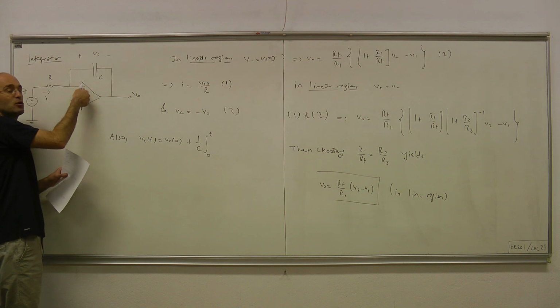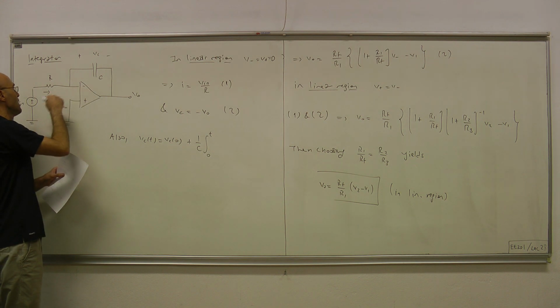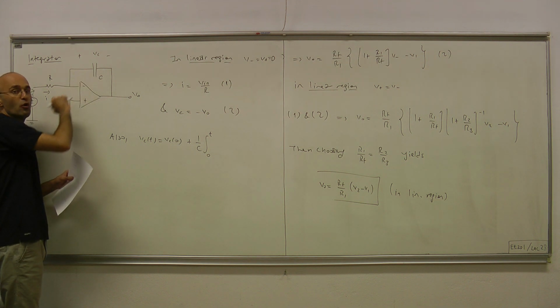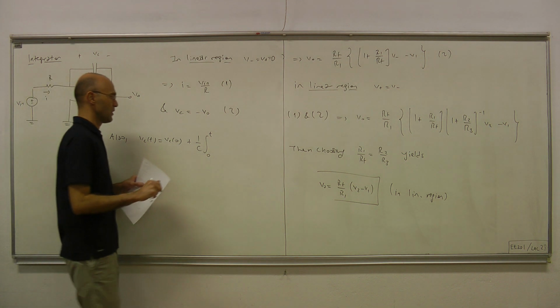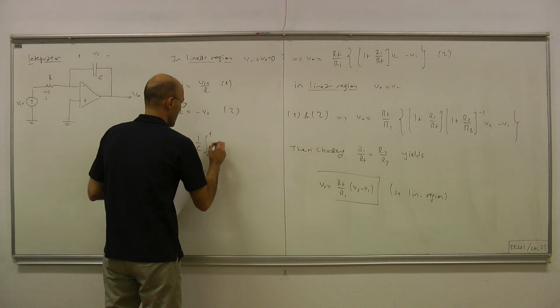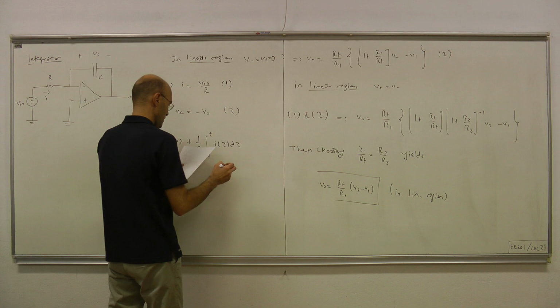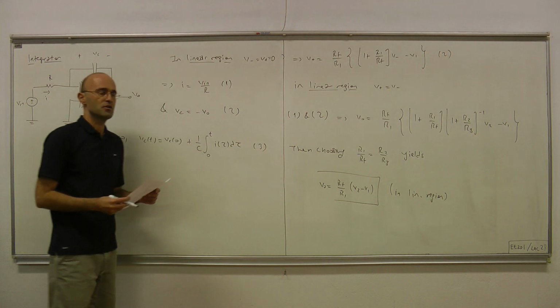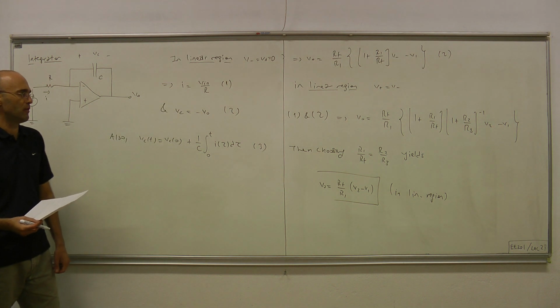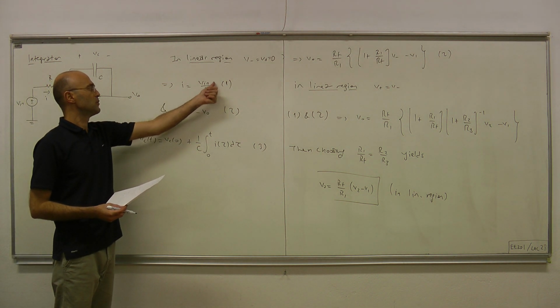Since the current escaping to the op-amp through this terminal is 0, whatever this current is, exactly the same current flows over the capacitor. Therefore the capacitor current is also I. So we have I(tau) d tau. Equation 3.